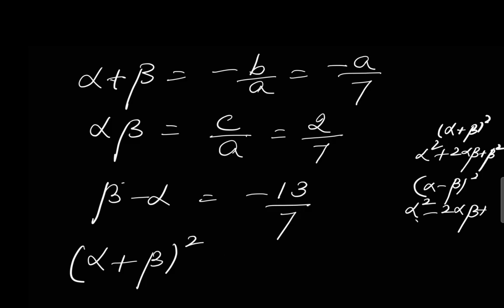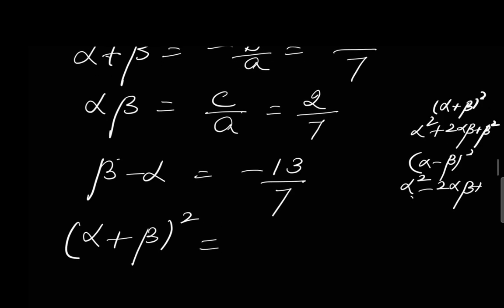See the difference, I am going to compare these two: alpha plus beta the whole squared, alpha minus beta the whole square. Both are same. Alpha minus beta the whole squared, or I can write as beta minus alpha the whole squared. Both are same.